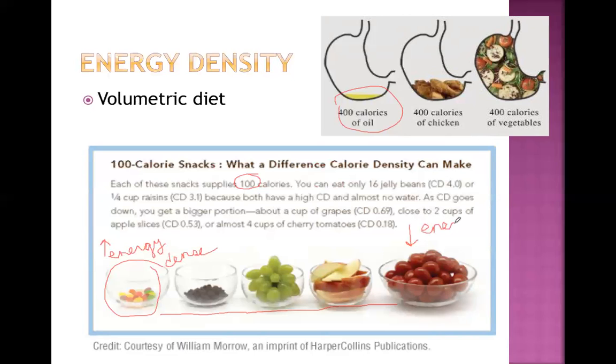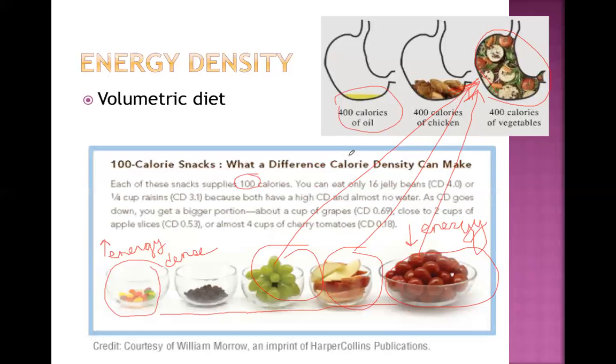Also at the top, you see the stomach that's full of vegetables. That would be a low energy density meal versus the stomach that's full of oil or chicken. So this can be a diet strategy, and sometimes people will choose to consume foods such as these vegetables or cherry tomatoes or apples or grapes because these all fill a really large volume in their stomach, and they make them feel full without having to eat so many calories.